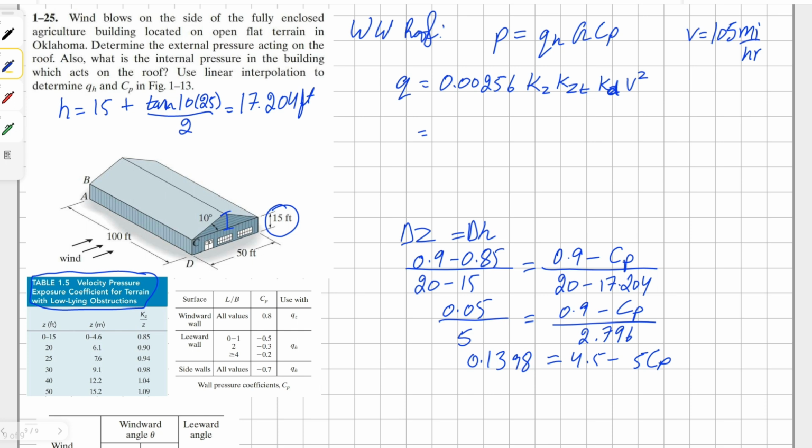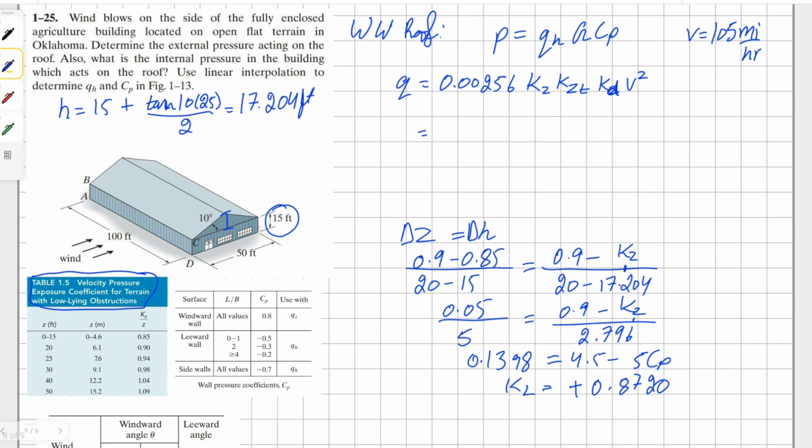Okay, now we simplify further, and our exposure coefficient should be 0.1398 take away 0.45 divided by 5, and we get positive 0.8720 as our exposure coefficient. Oh, and pardon me, I was using the wrong symbol. It's KZ, and KZ.